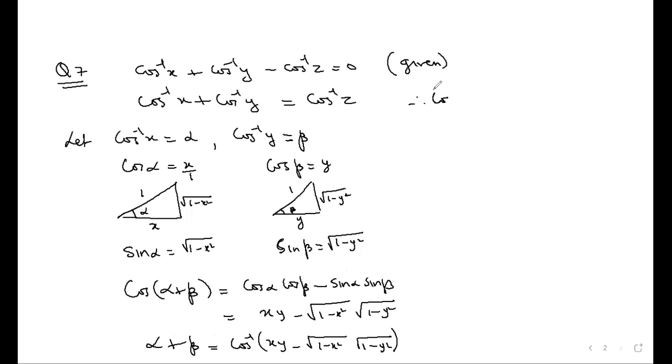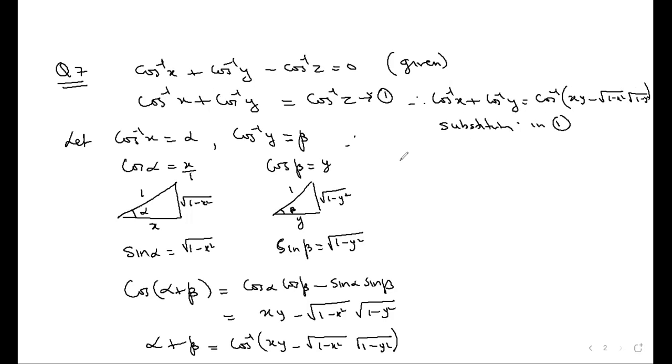Therefore, cos inverse x plus cos inverse y is cos inverse of xy minus root 1 minus x square root 1 minus y square. Now substitute in LHS. So substituting in 1, cos inverse of xy minus root 1 minus x square root 1 minus y square is cos inverse z.